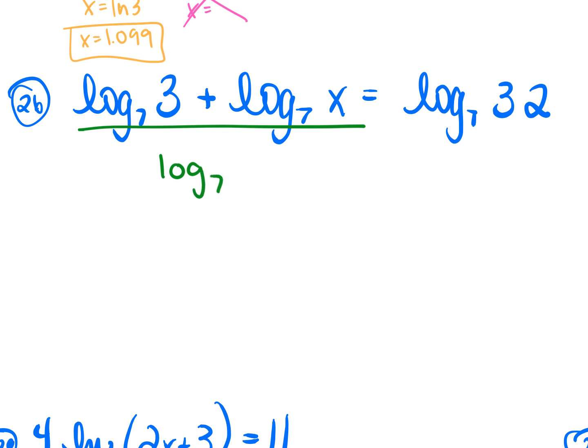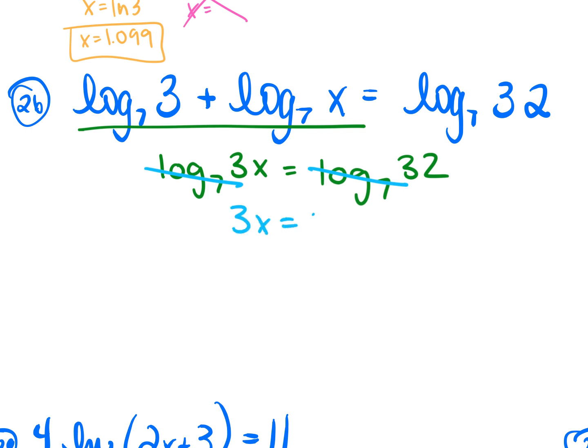So we have log base 7 of 3 times x is equal to log base 7 of 32. So now that I have a log is equal to a log, I can just cancel out the logs. And I would say 3x is equal to 32. Next, we just divide by 3 to solve. So x is equal to 32 divided by 3, which is 10.667.